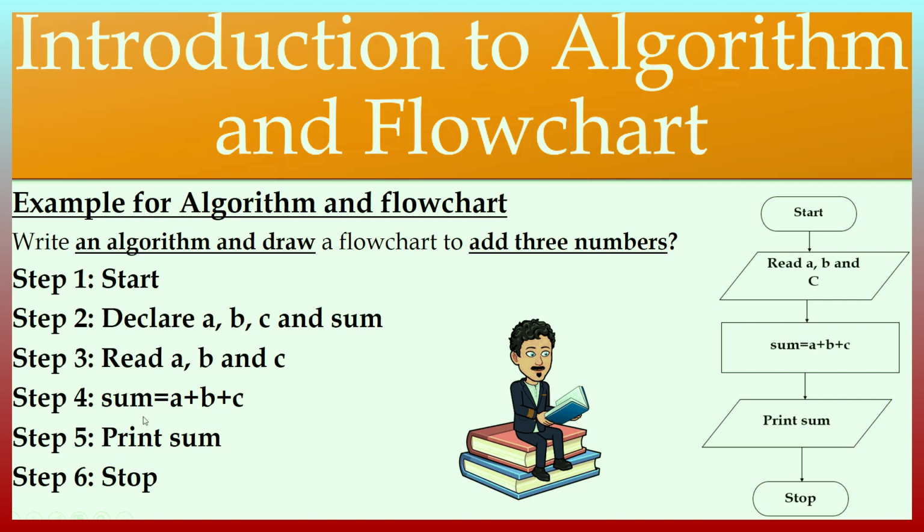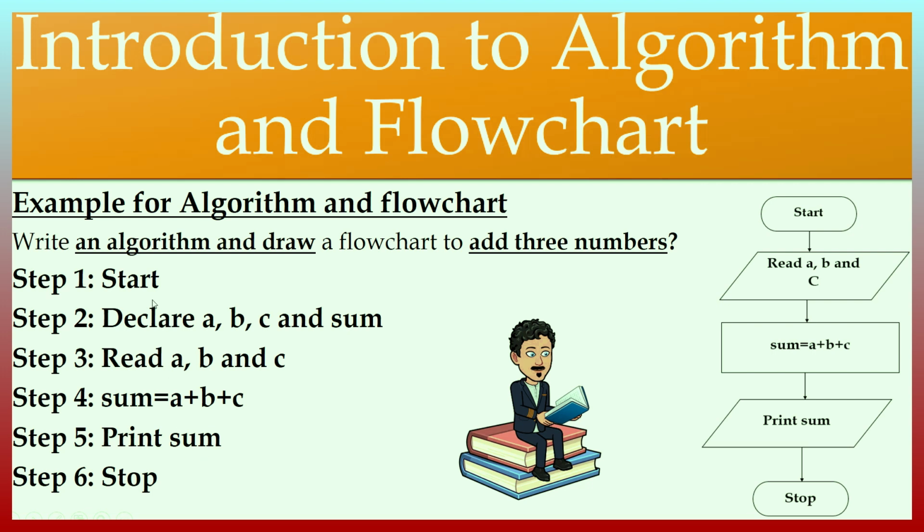I want to do the process. I have the values A, B, and C, so I want to add A plus B plus C, and the result will be stored in sum. Then comes step 5, print sum. I want to print the value which is stored in sum. Then stop.